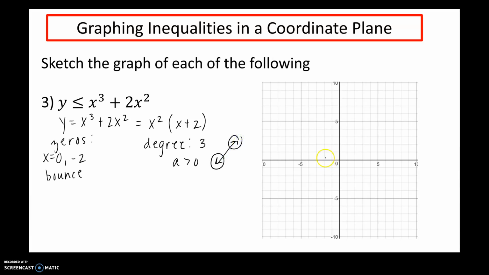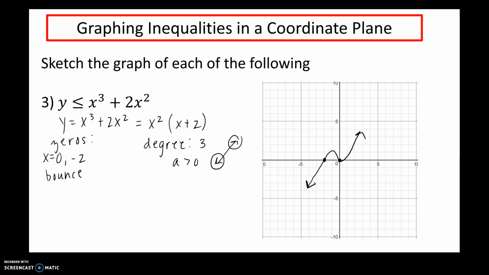All right, so I have negative 2 and 0. Fortunately for us, it is an equal-to inequality, so the boundary line will be solid. So I start down, I cross through negative 2, I bounce at 0.